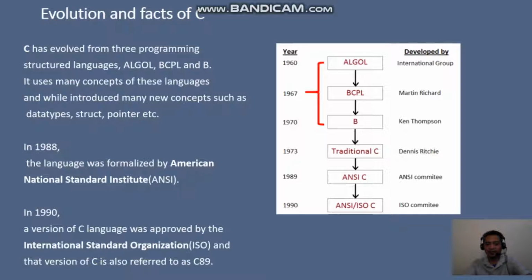So again, the three ancestors of C programming language were ALGOL, BCPL, and B.